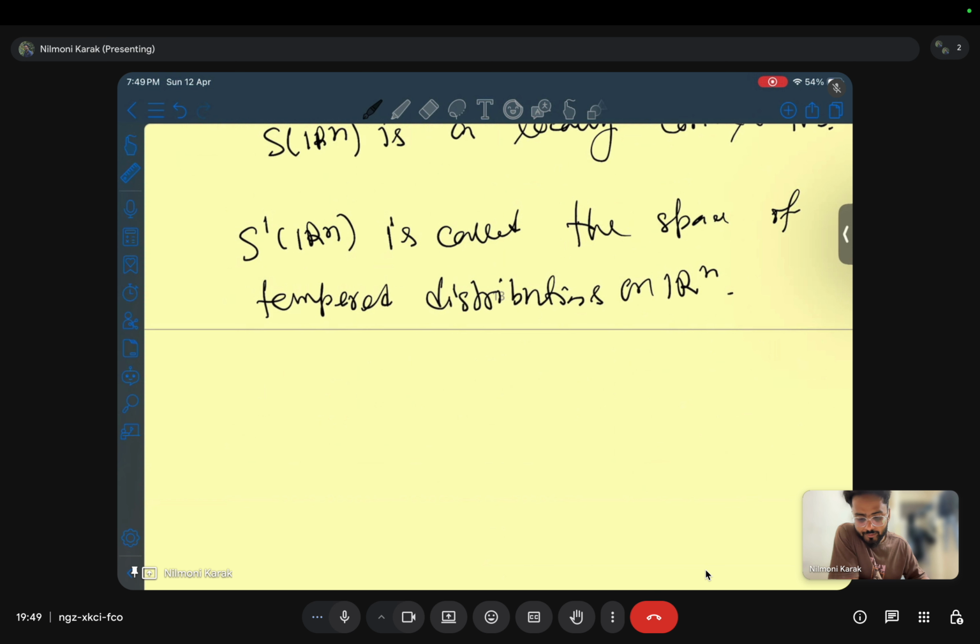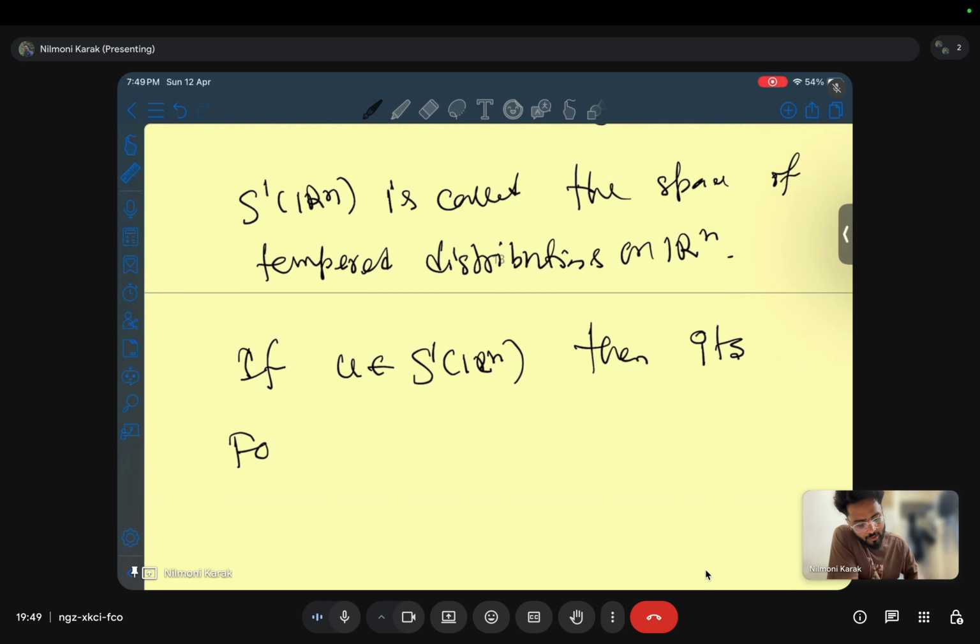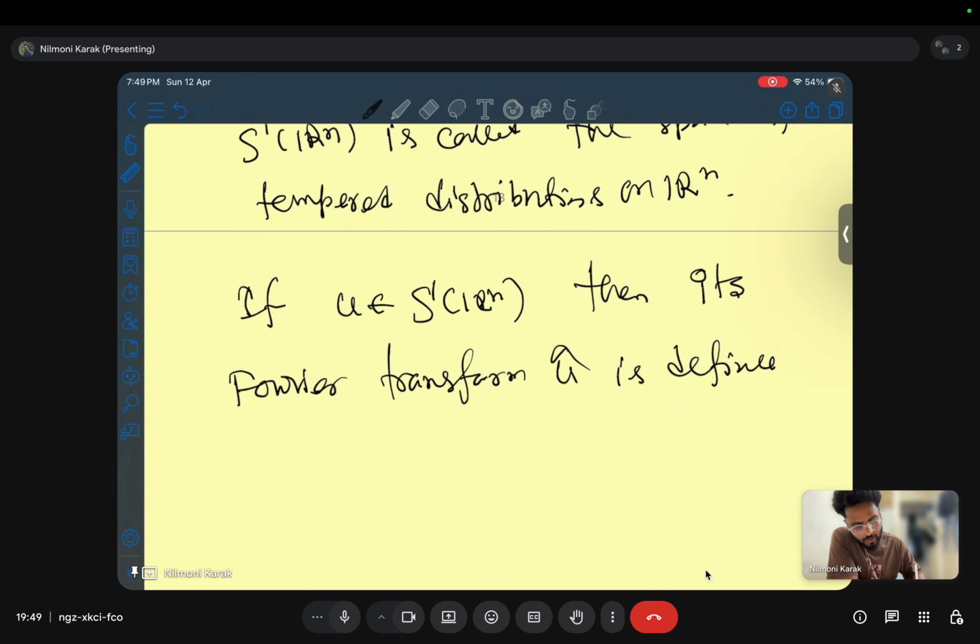And so basically if u belongs to S dash R^n, then its Fourier transform u hat is defined as g goes to u of g hat.